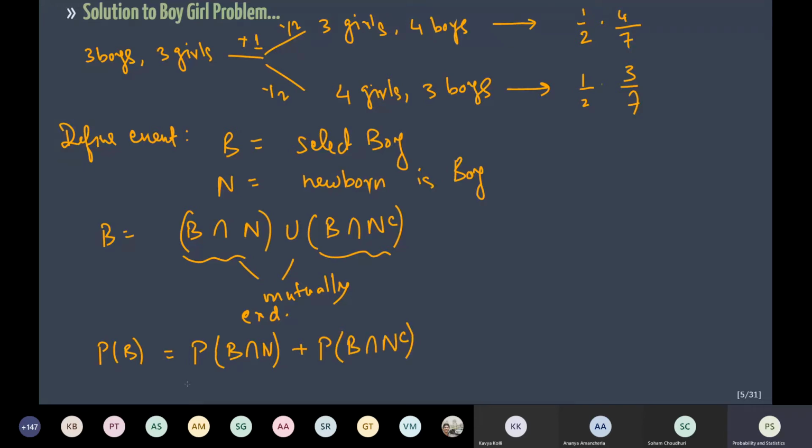So if we do a calculation for this, we will look into the tree and figure it out, right? So B intersection N, what is this? Can you tell me from here, what is B intersection N?